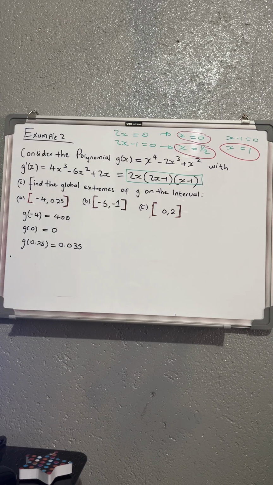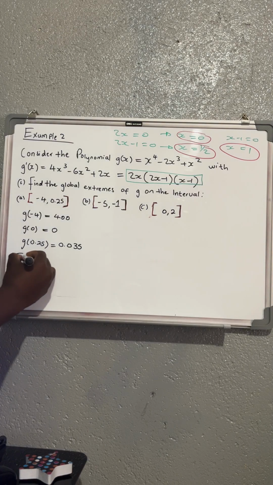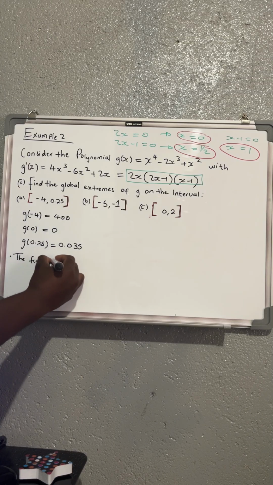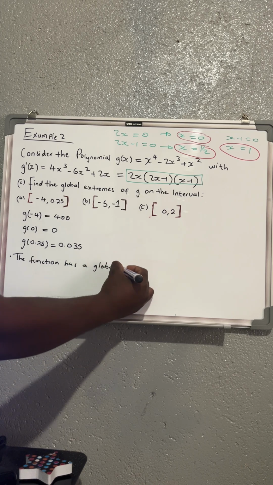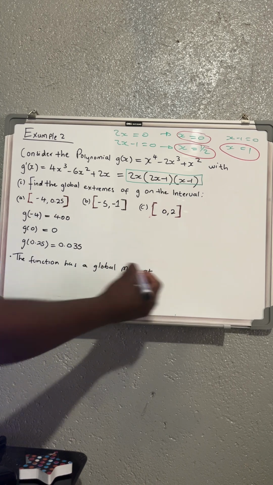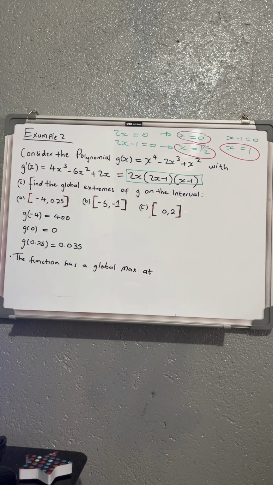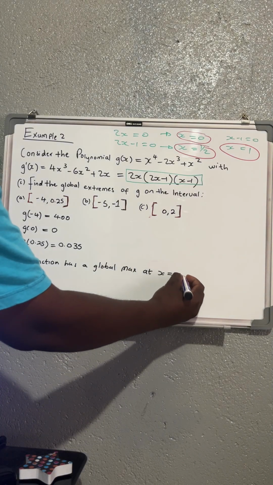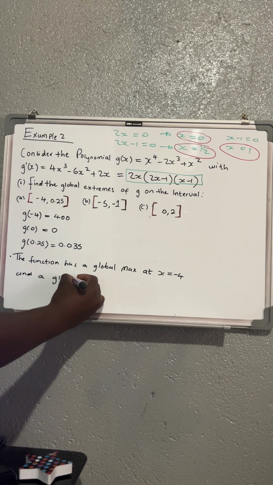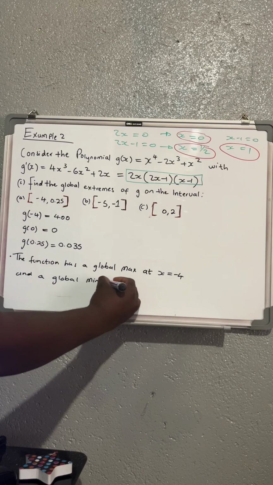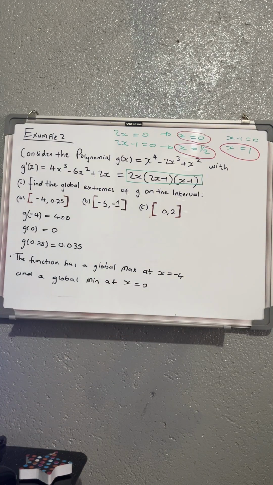Now you come to your final part, which is your conclusion. You will say the function has a global max at x equals -4, and a global minimum at x equals 0.